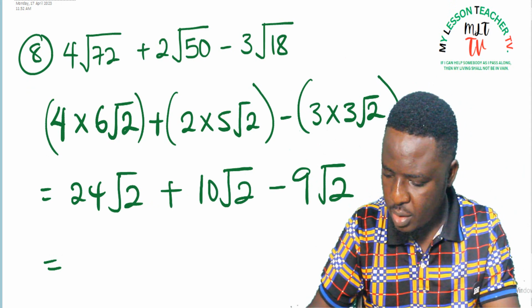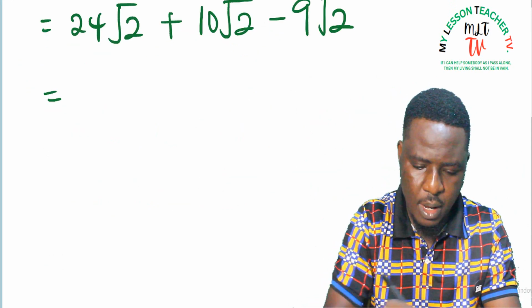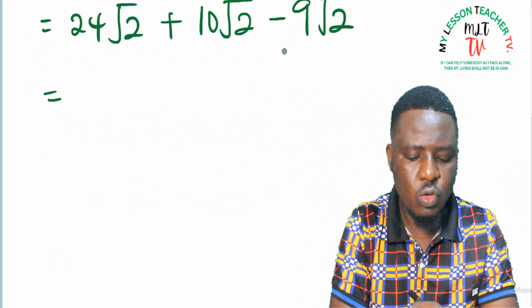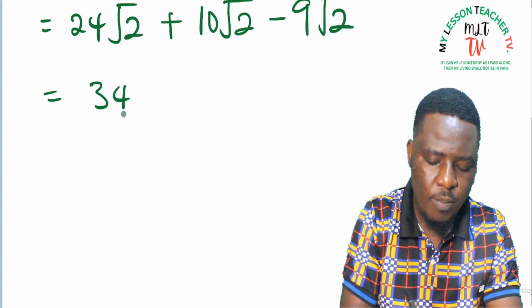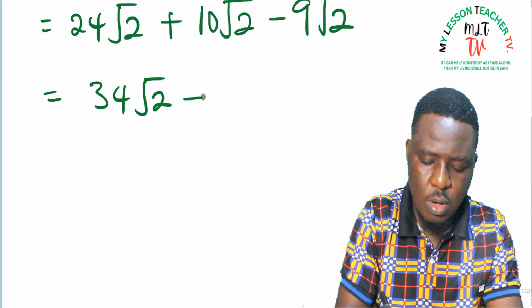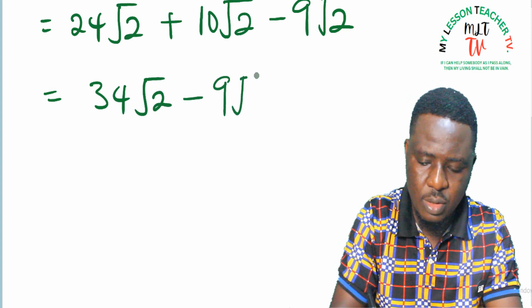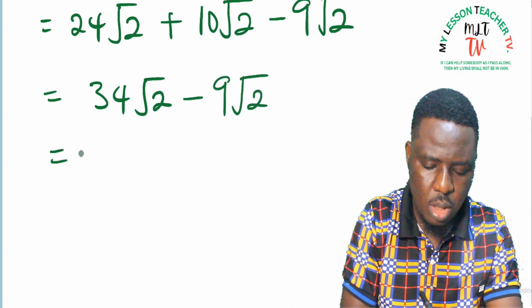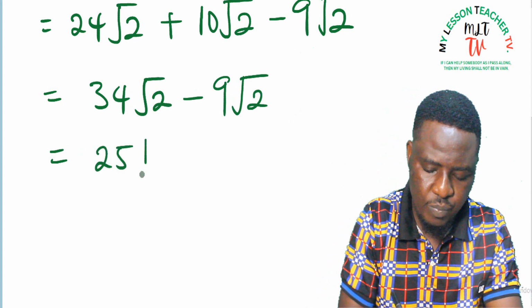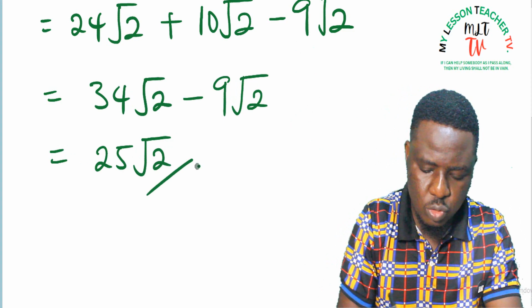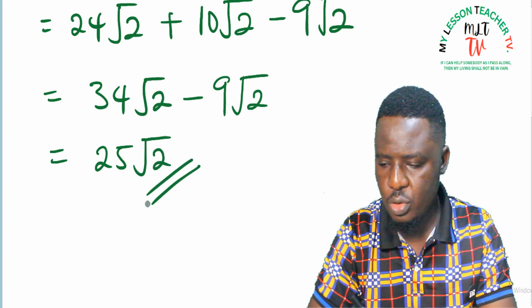If you collect like terms, we have to add before we subtract. So 24 root 2 plus 10 root 2 will give us 34 root 2 minus 9 root 2. And this can be said to be 25 root 2 when you simplify.